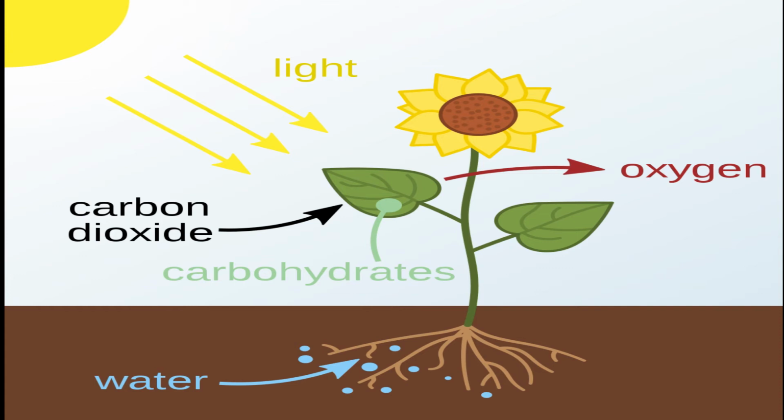They also use carbon dioxide, nutrients and water to make food. This whole process is called photosynthesis. In photosynthesis, carbon dioxide, nutrients and water combine with the help of the energy released from the sunlight which is trapped by chlorophyll present in leaves.